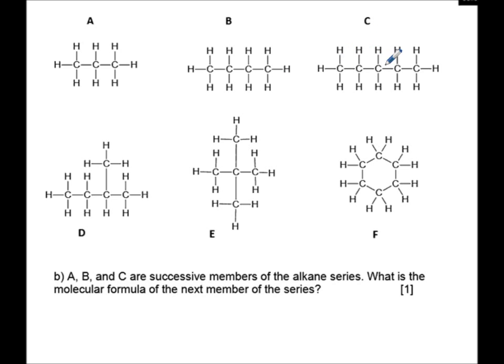Molecule C has 5 carbons, so it's pentane. So the next member in the series will have 6 carbons, so it will be hexane, and it will have the molecular formula C6H14. Remembering that the general formula is CnH2n+2.